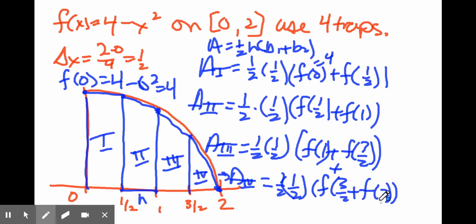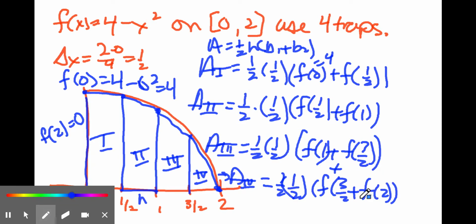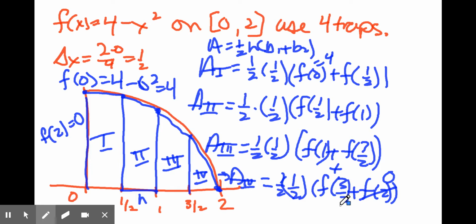The fourth area. F of 2, if you calculate it, you get 0, right? But that actually should make sense. This thing actually washes out at 0. And what you get is 1/2 times 1/2 times f of 3/2, which makes complete sense because this distance is a half, and this distance is f of 3/2.